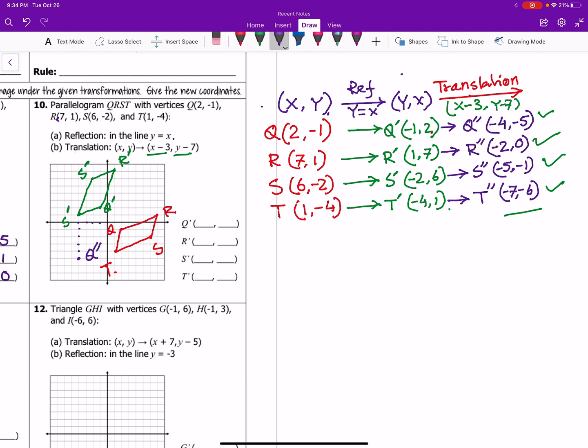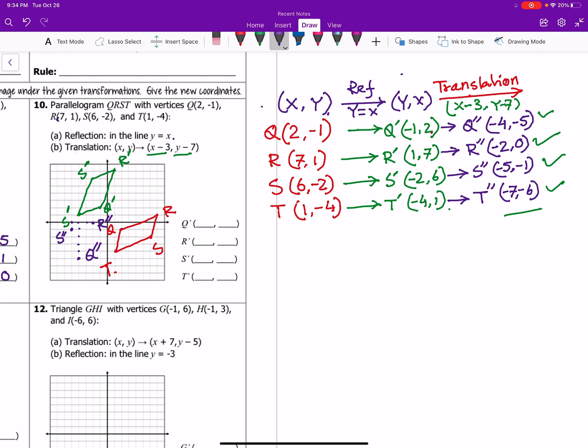And then my R double prime, negative 2 and 0. So negative 2 and 0 is here, so that's my R double prime. And then my S double prime, negative 5 and negative 1, so negative 5. This is 2, 3, 4, 5, and then that's negative 1. So that's my final one for S double prime.